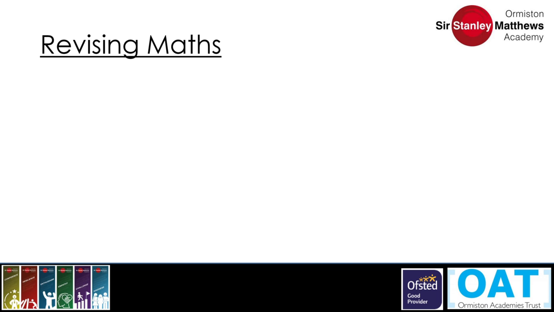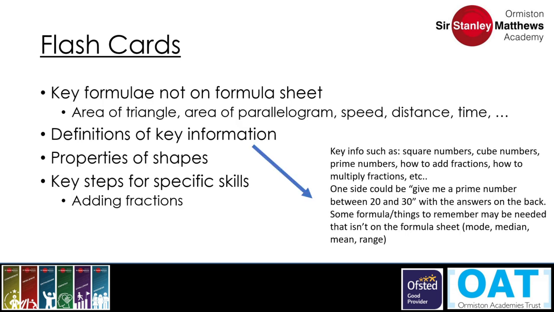The main part of this video is to do with revising maths. For me, there are 2 key ways of revising maths. The first one is past papers, and the other, a more recent one, is flashcards. Flashcards are something that we're going to be providing all the students with. We've bought in the thousands of them, and we'll give them out free of charge. We're going to populate these with the students in lesson time. We're going to put together a list of things that we think is key information for the students to remember.